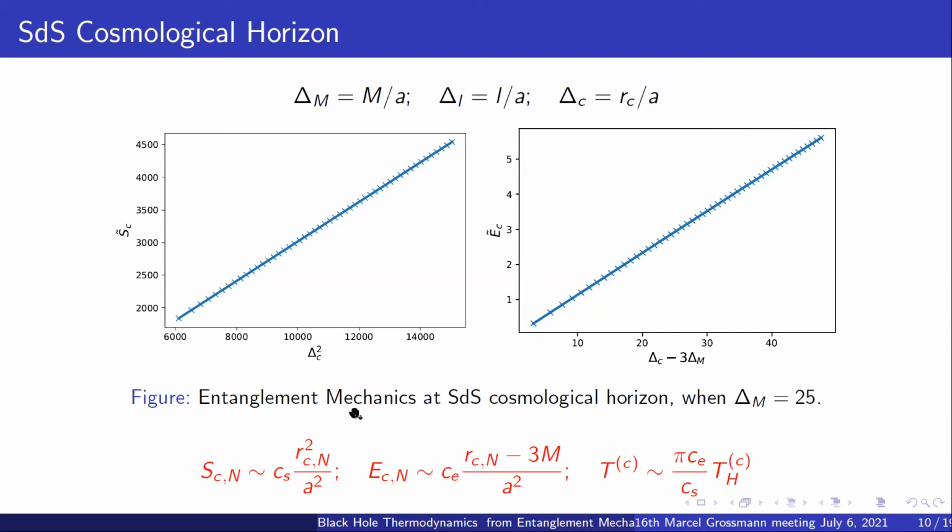Now, when we look at the entanglement mechanics here, what we see is that the entropy again shows an area law, unsurprisingly. Entanglement energy, on the other hand, had a behavior which went as RC minus 3m, where RC is the cosmological horizon. I'm sorry I didn't mention this before, but a Schwarzschild black hole in a de Sitter background basically has two horizons.